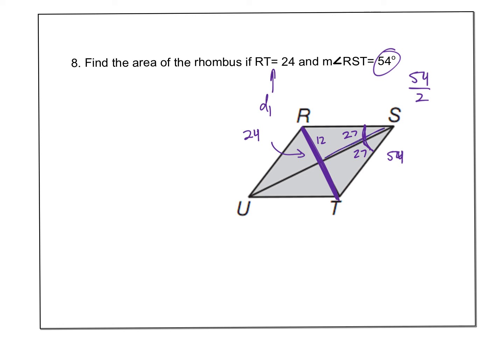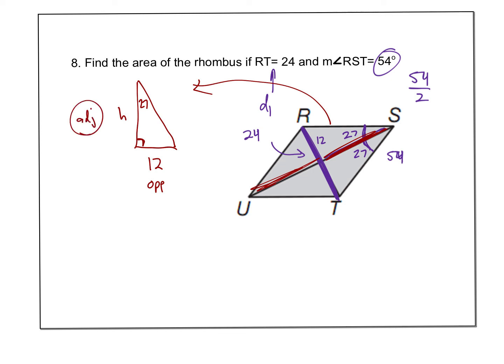I need to figure out this length right here, because then I can double it and figure out what that diagonal is. So if this is 12, this is 27, it's a right triangle. All I did was take this triangle and twist it up. From 27, that's the opposite, that's my adjacent.